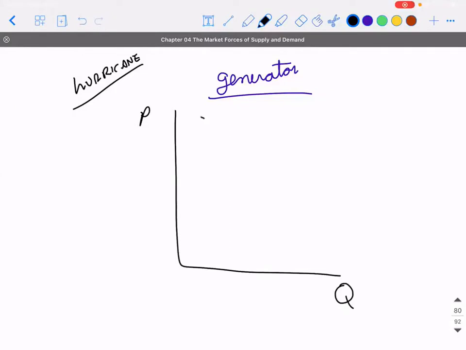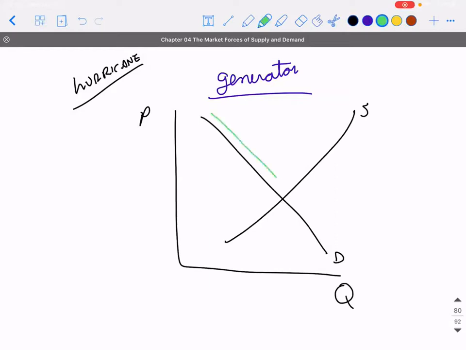Meaning the hurricane happens, and as we already said, it's going to affect demand, but it's actually not going to affect demand that much. So notice the magnitude of the shift here. We're saying it's not going to affect things too much because most people already have a generator. But if the hurricane wipes out the port, right, that will dramatically affect how many generators can be brought to Hawaii, causing this huge decrease in supply.